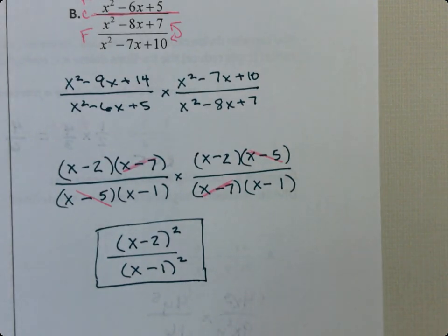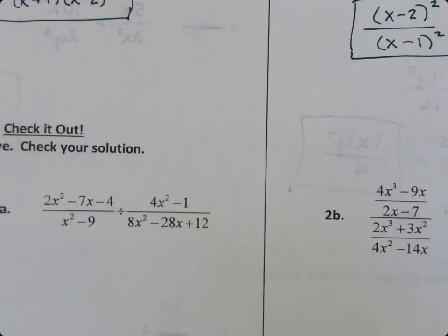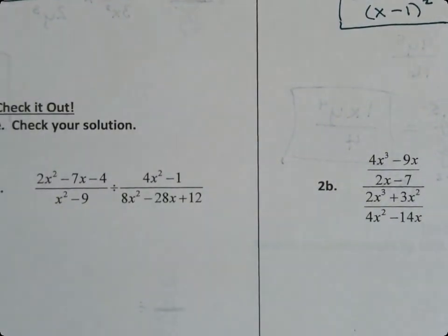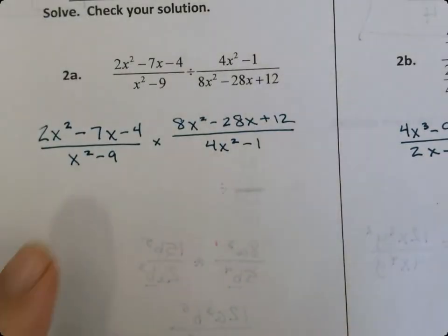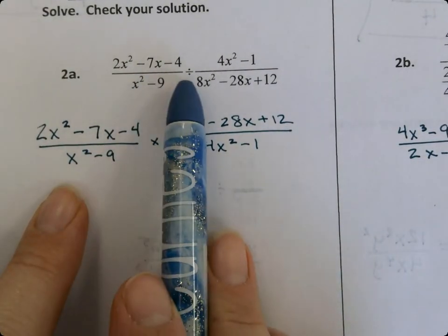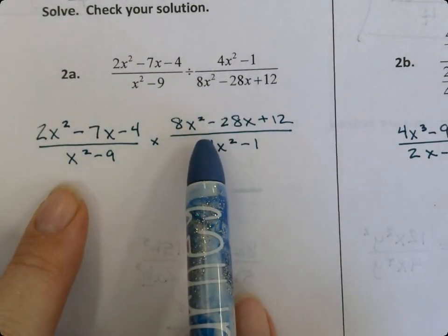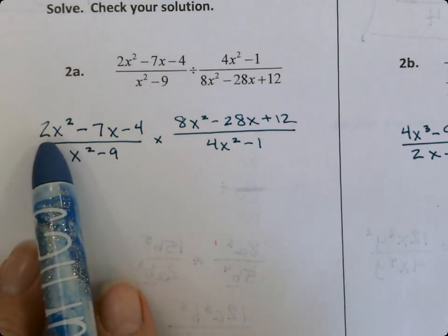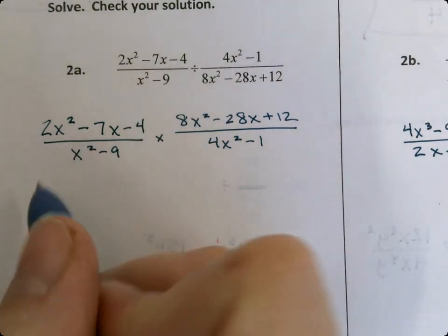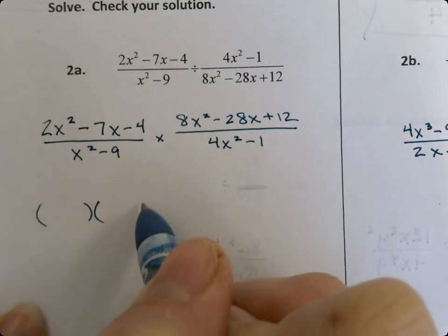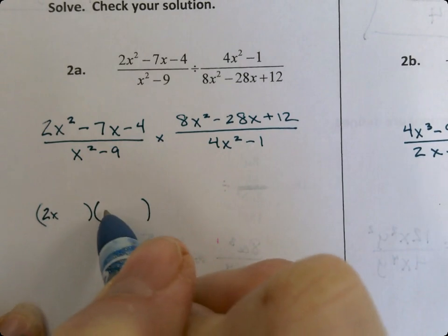Okay, so go ahead and try the next two. So the first thing I did was I changed, and I flipped. Now, this one's a little harder factoring because of that 2 out front. Can we agree on that? So you definitely had to put a little effort into it, not too much. My only options are 2x and 1x.